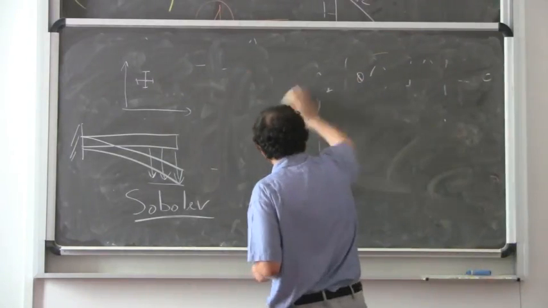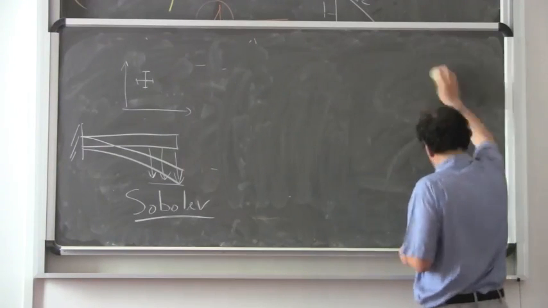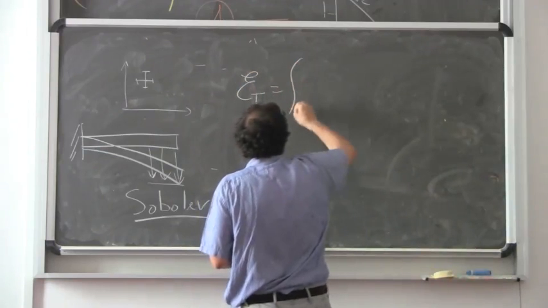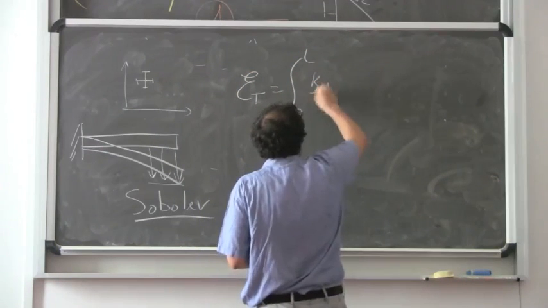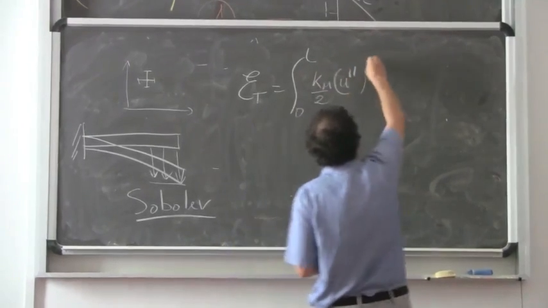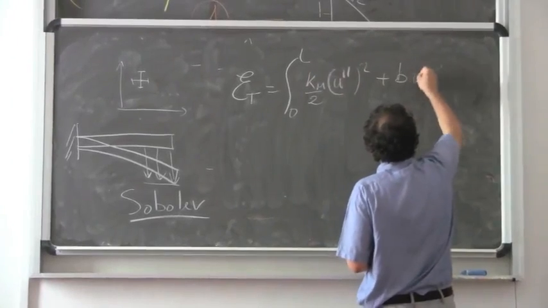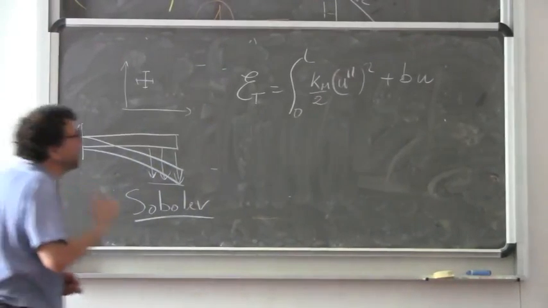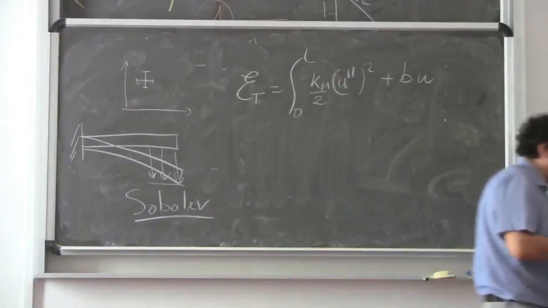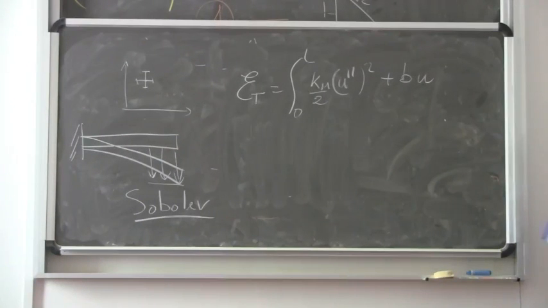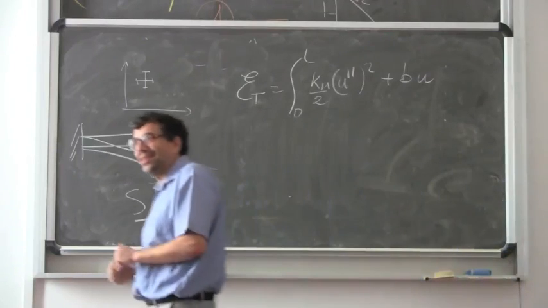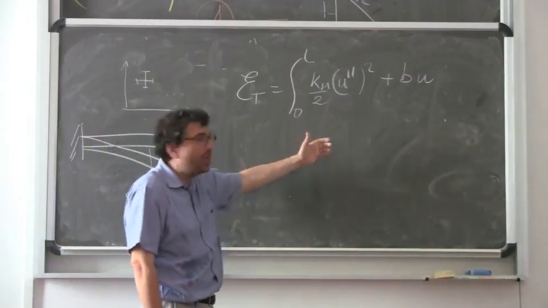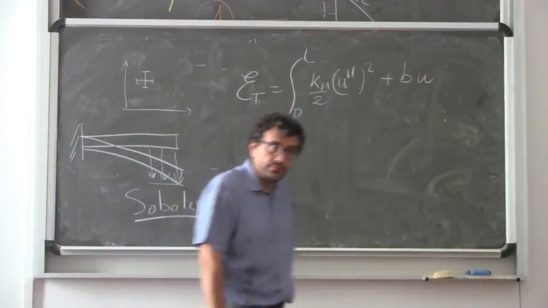Yesterday we wrote an energy. Okay? And we said, in order to solve the problem of Galileo, the problem of finding the shape of a beam under externally applied loads, we need to find the minima, so the functions which are minimizing this energy.